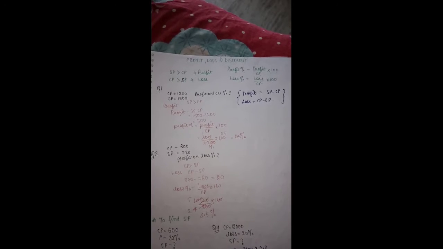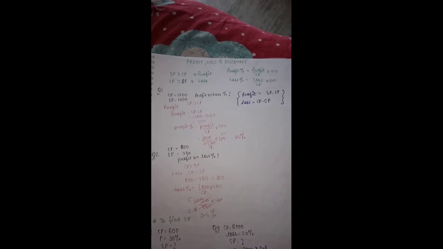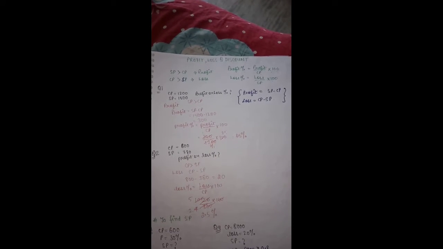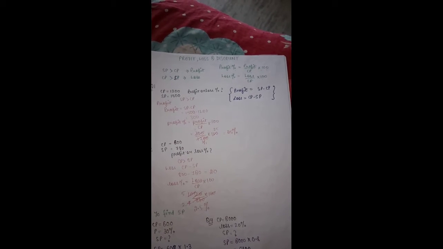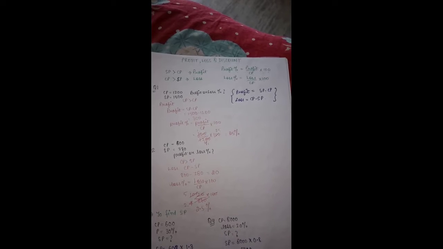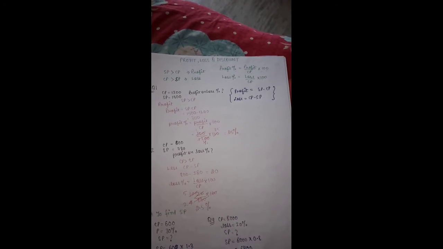If the selling price is greater than the cost price, we earn a profit, and when the cost price is greater than the selling price, there is a loss. To calculate profit, the formula is profit is equal to selling price minus cost price, and to calculate loss, it is cost price minus selling price.